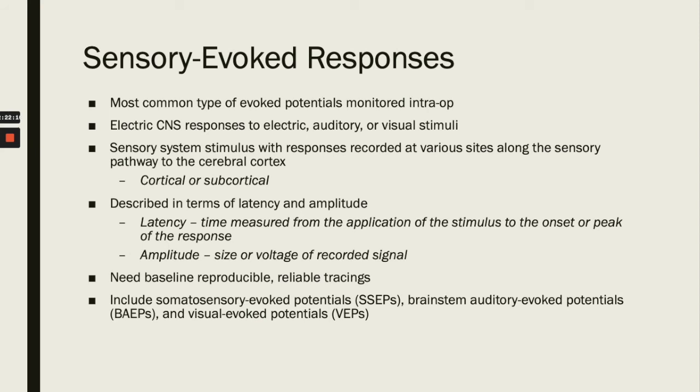When the technician is in there, they're going to do a baseline when the patient is awake to see exactly where they're starting from. These include somatosensory evoked potentials, SSEPs, brainstem auditory evoked potentials, BAEPs, and visual evoked potentials, VEPs. The most common ones that you're probably going to see are the somatosensory evoked potentials.